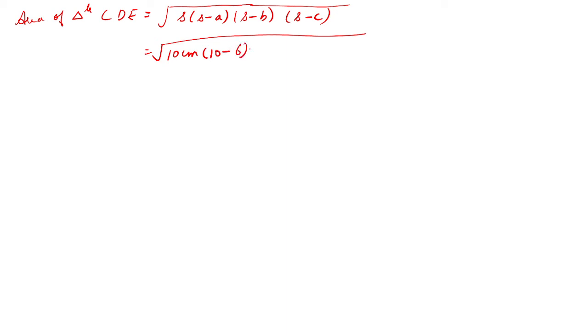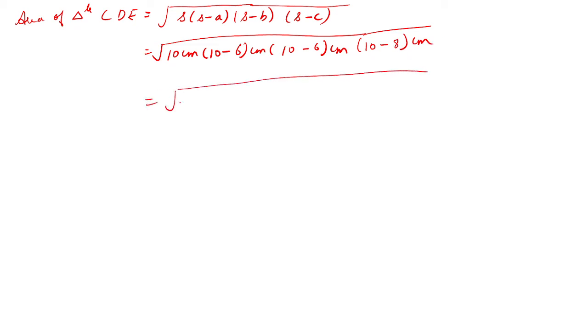It is 6 centimeter. s is again 10. What is your b? 6 centimeter. And finally you have s, what is your c there? You look, and you'll be getting this as 10 into 10 minus 6, which is 4, 10 minus 6, which is 4, 10 minus 8, which is 2, centimeter to the power 4.